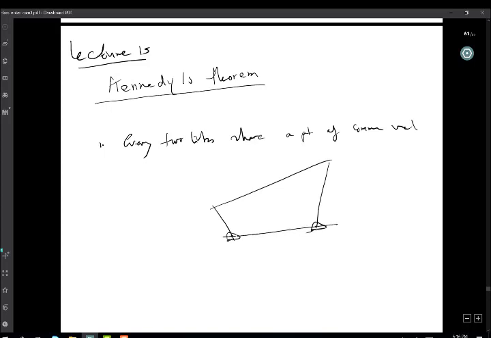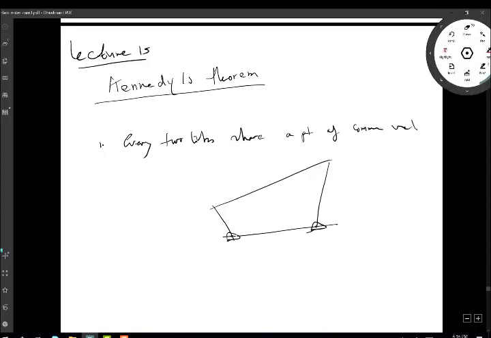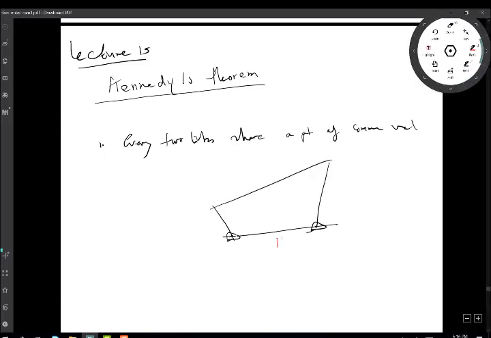I have link 1, link 2, link 3, link number 4, and I know this point is the velocity pole of link number 2. So the velocity of this point is actually 0. Also, don't forget the ground has a 0 velocity.